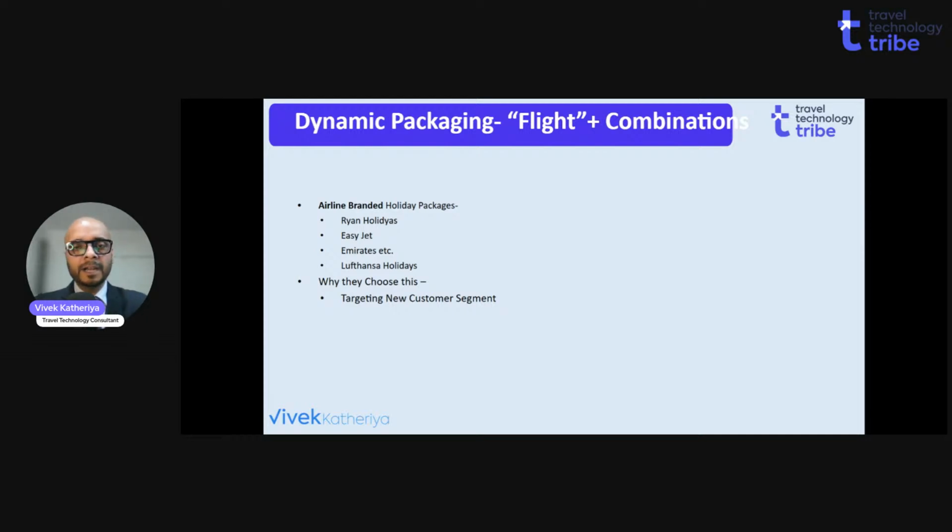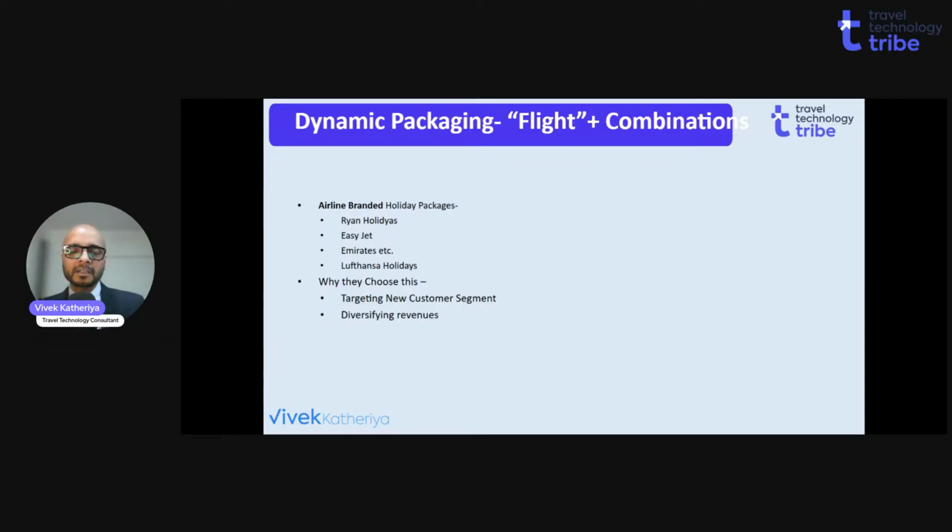They are giving the flight services, but they want to target a further customer segment, and that is the reason they have started with dynamic packaging, so that they can target clients who might be taking services from somebody else but are already flight clients. So offering other services becomes a value add for them, and they are also diversifying their revenues.